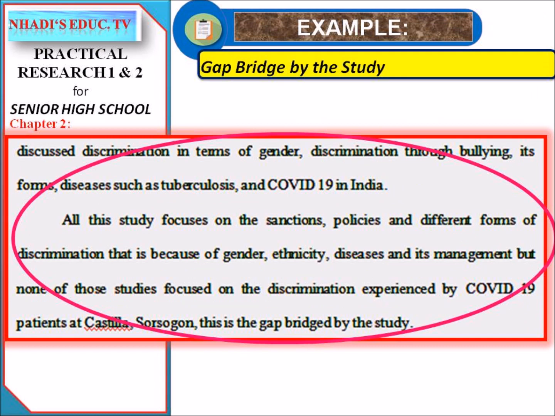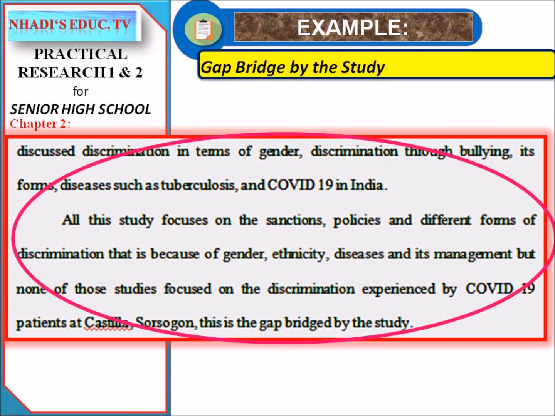For their last statement, all these studies focus on the sanctions, policies, and different forms of discrimination because of gender, ethnicity, diseases, and its management. But none of those studies focused on the discrimination experienced by the COVID-19 patients in Castilla, Sorsogon. This is the gap bridged by the study.